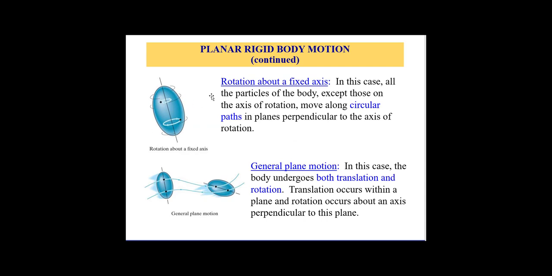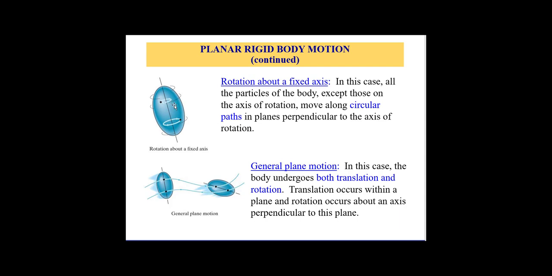Now, let's talk about rotation about a fixed axis. Let's take this body, which is experiencing a rotation in a circular path, where every point on this body is rotating at the same angular velocity.